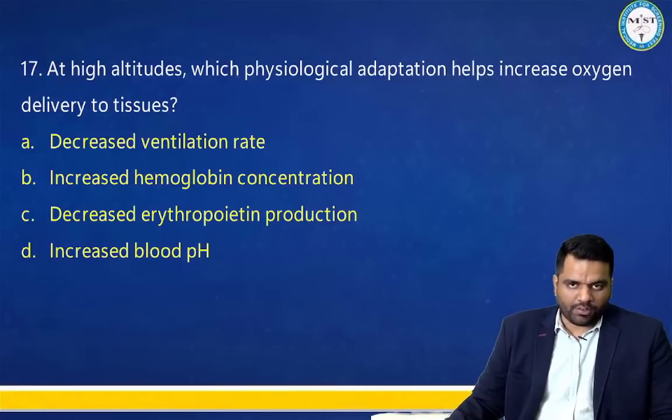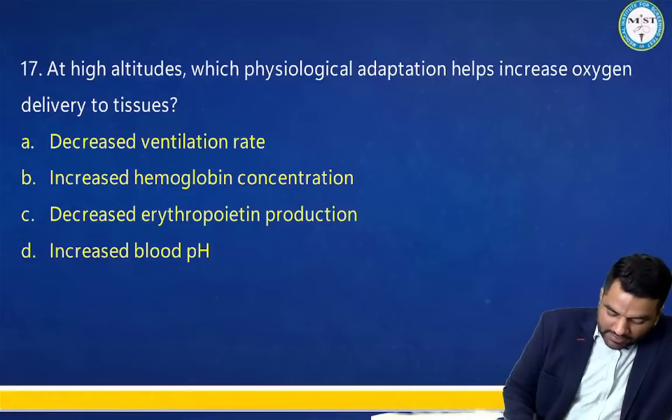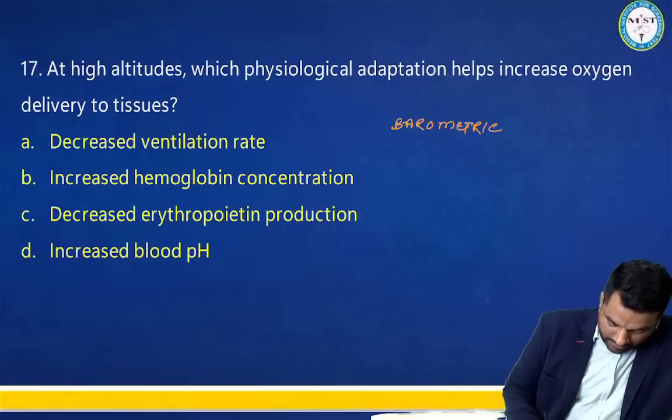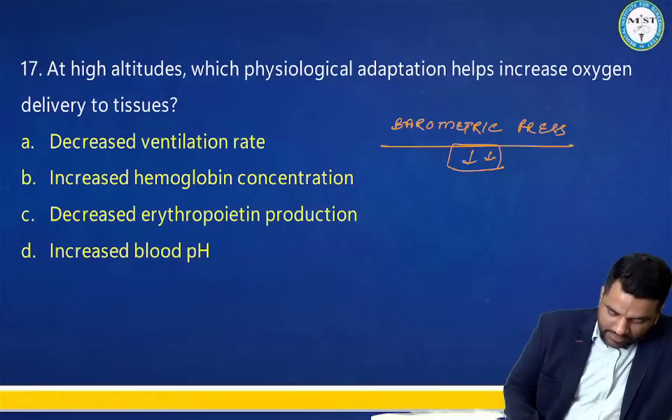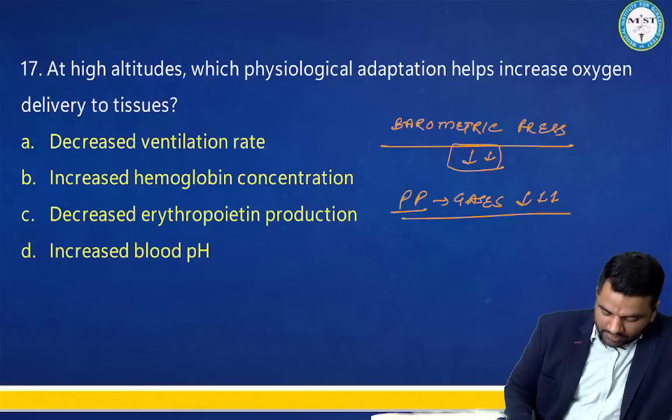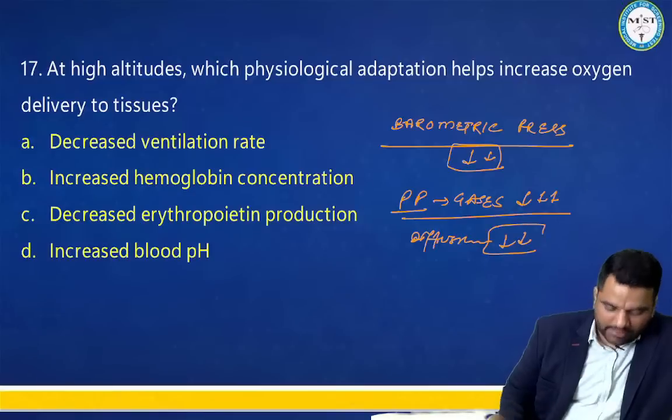At high altitude, barometric pressure is going to be decreased, so the partial pressure of gases is going to be decreased. So the diffusion at the alveolar level is going to be decreased.